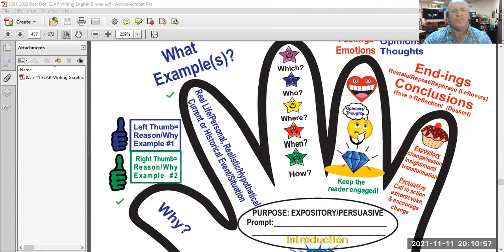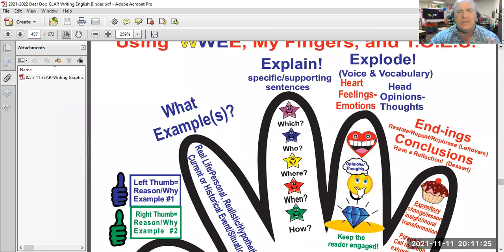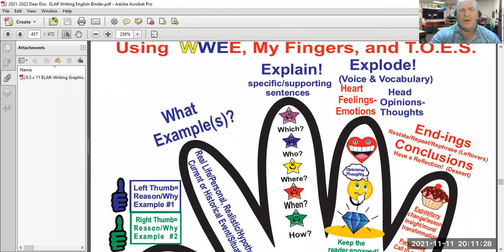Now, once you've done that part, given your reason and your example, if you look at this next part right here, the middle finger, the tallest finger, is how to get what we call a 3, how to get in the 80s, or what you might call in your state a B. Make sure they're explaining by taking something that's vague, an example, and making it more specific.